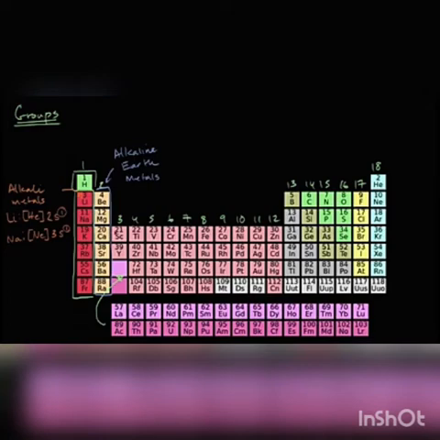Now, something interesting happens as you go to the D block. And we studied this when we looked at electron configurations. If you look at the electron configuration for, say, scandium right over here, scandium's electron configuration is going to be the same as argon.